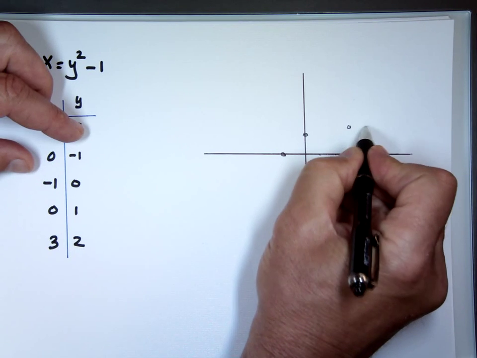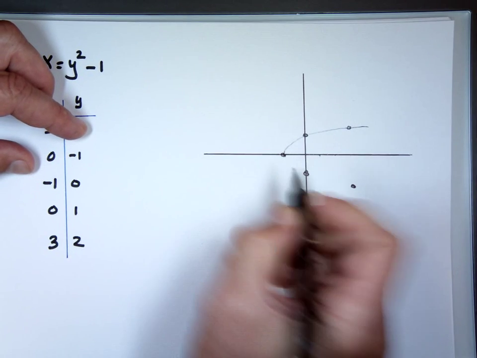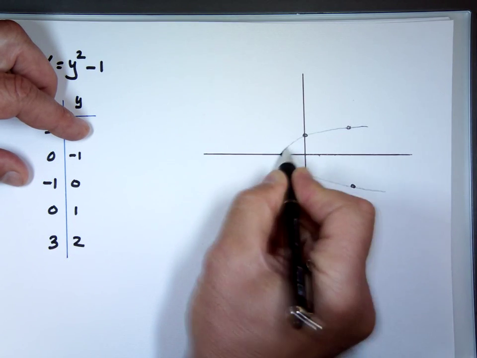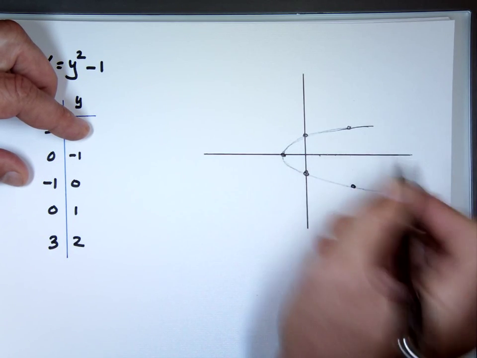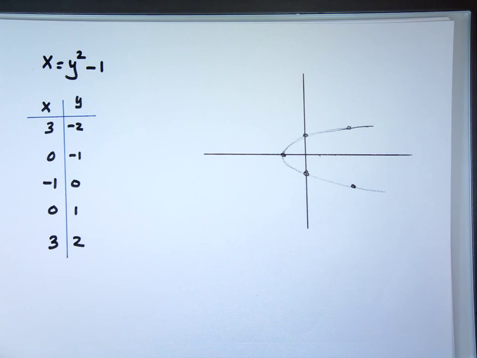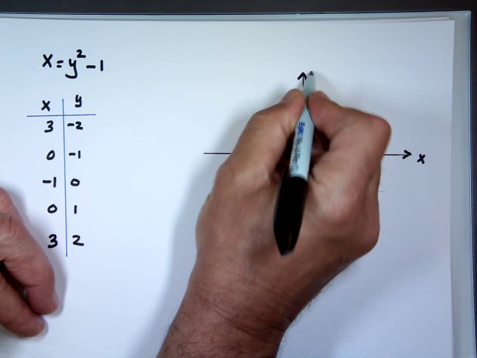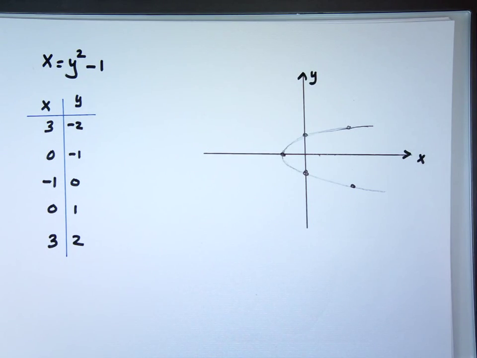Notice the graph looks like this. This is x, and this is y. The vertical line test: is this a function?